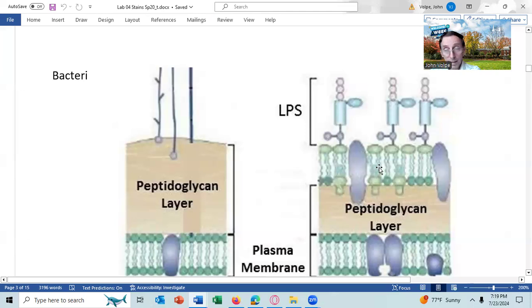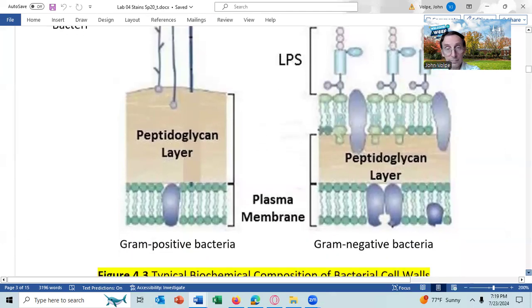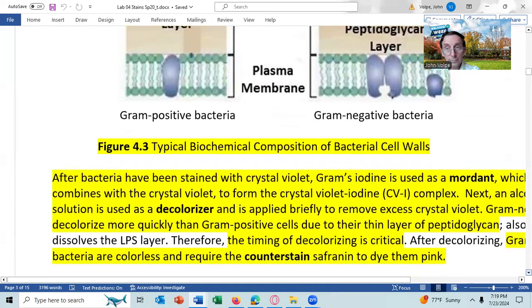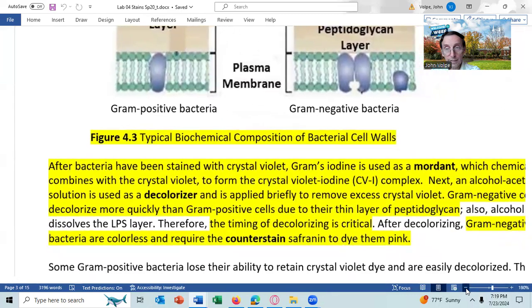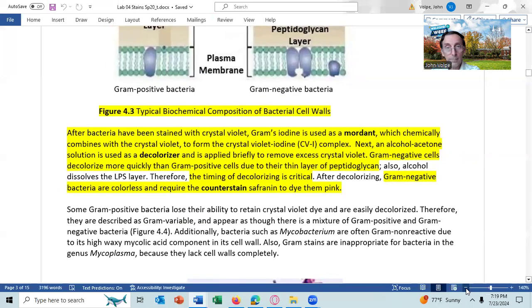The decolorizing agent will destroy the outer membrane of the gram-negative cells. After bacteria have been stained with the crystal violet, iodine is used as a mordant, which makes a crystal violet iodine complex. Next, the cell is decolorized with an acid alcohol wash.